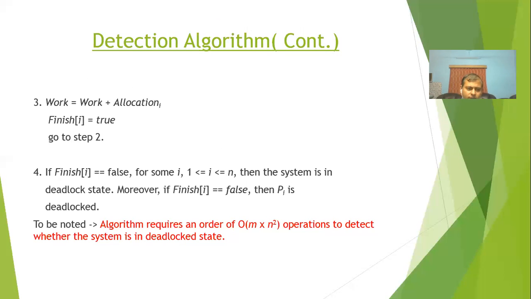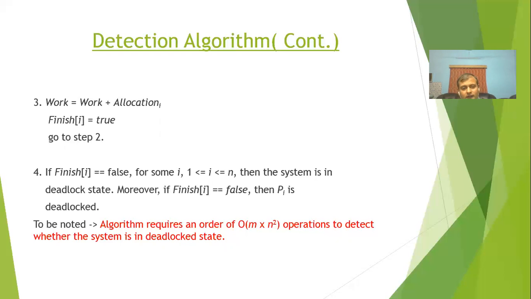And ultimately in step 4, if finish of I equals false for some I, where I ranges from 1 to n, then the system is in the deadlock state. Moreover, if finish of I equals false, then Pi is deadlocked. So at the end, if finish of I is false for some particular processes, then those processes must be in a deadlock situation.